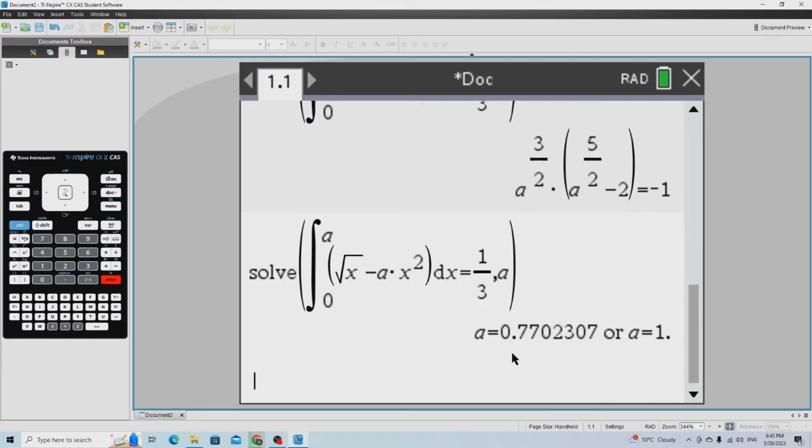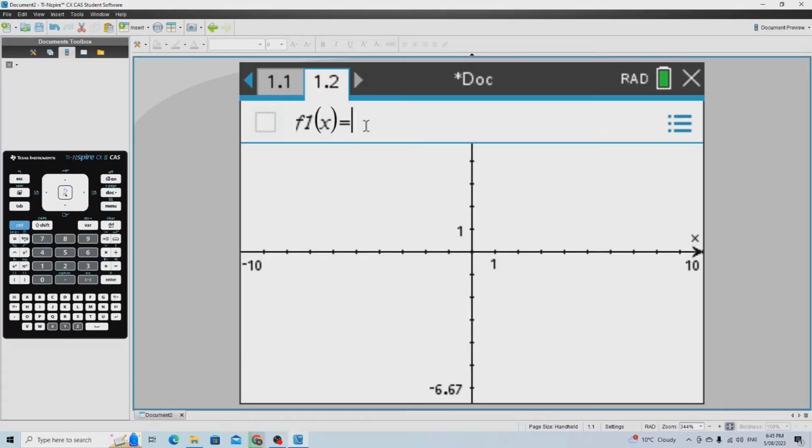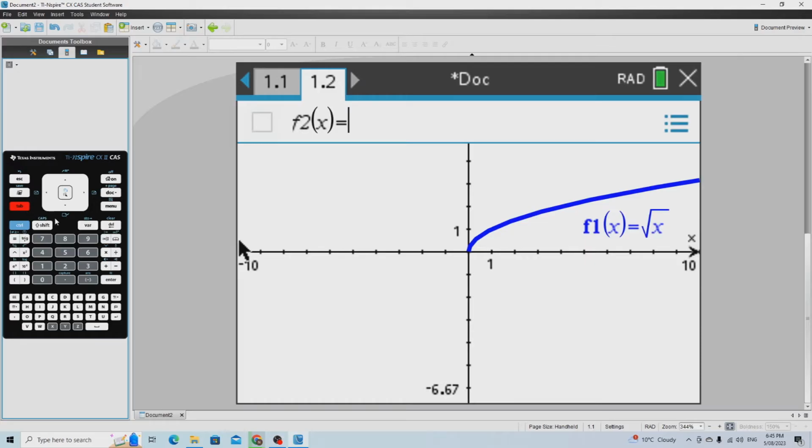Okay, wait, let's just graph these functions over here. Let's say the first graph is root x, and the other graph is ax squared.